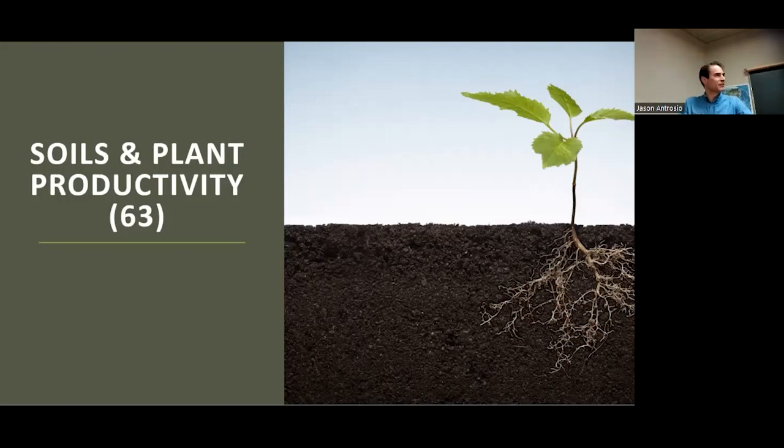Yeah, there's the soils. And the PowerPoint was very helpful on this one, the soils and plant productivity. They gave me a good picture there. You got your soils, and as you put it, they can be improved, but it got kind of sad at the end, didn't it? It's kind of sad, but it's also a warning.